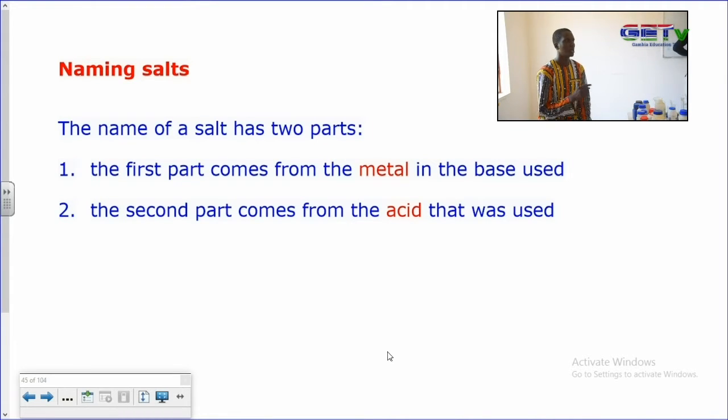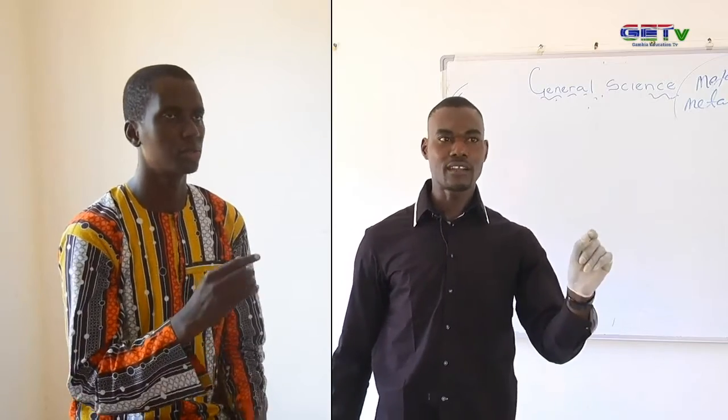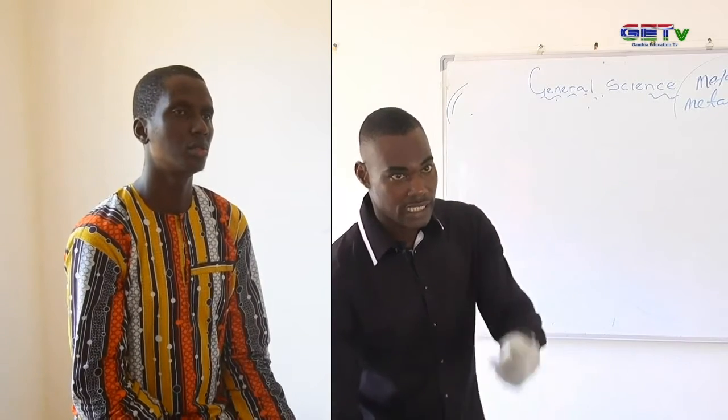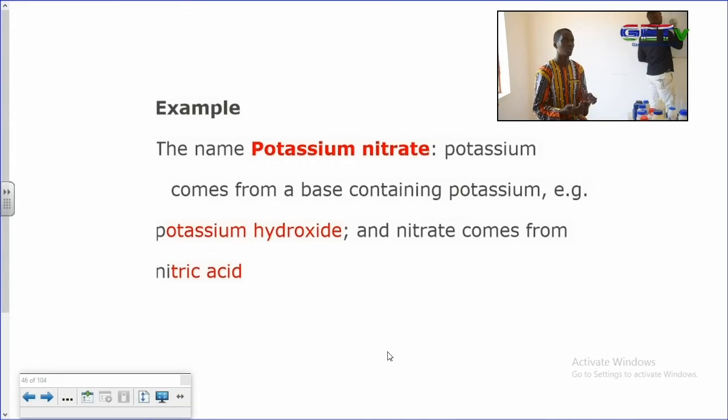What you have to look at is the metal and the acids that combine to form the particular salt, please. So as you see there, the first part comes from the metal in the base used. And the second part of the name of the salt comes from where? The acid that was used. We will see more examples as we move on. Example is potassium nitrate.